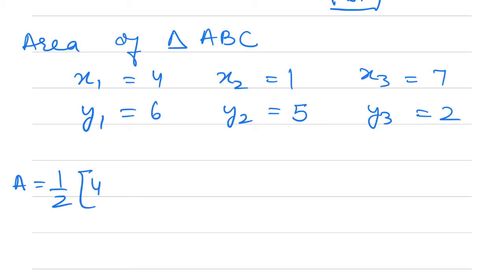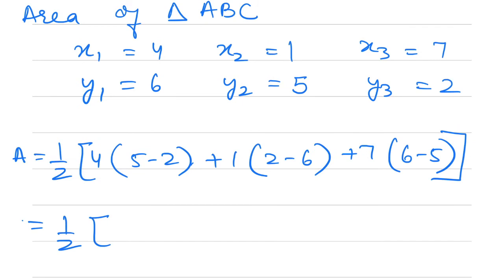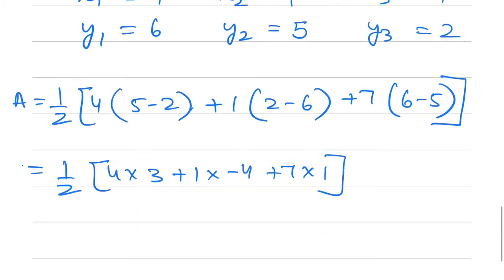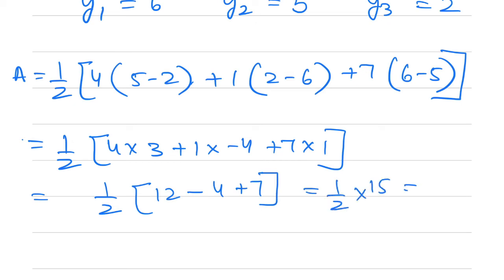Half into [4 into (5 minus 2) plus 1 into (2 minus 6) plus 7 into (6 minus 5)]. Half into [4 into 3 plus 1 into minus 4 plus 7 into 1]. So this is equal to half into (12 minus 4 plus 7), which is half into 15. So 15 by 2.